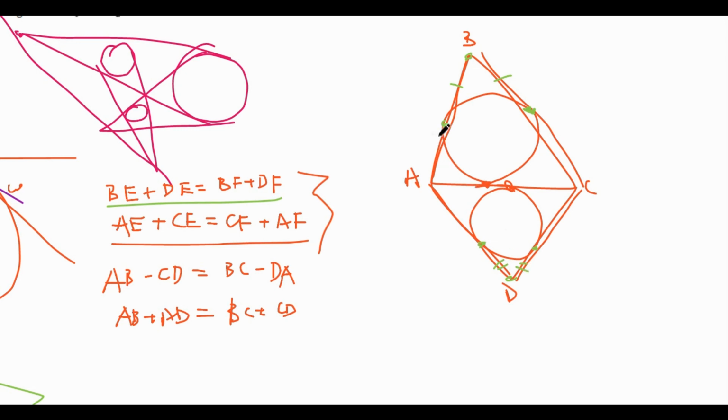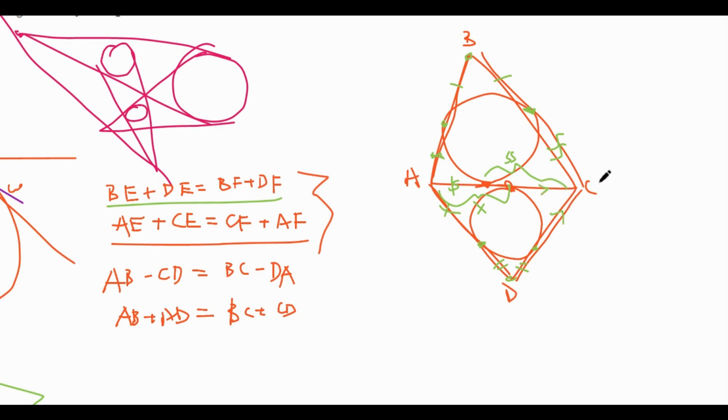Cancel those out. And now let's see. This segment is equal to this segment. And this segment is equal to this segment right here. Similarly, we have that this segment is equal to this segment right here. And this segment is equal to this segment.